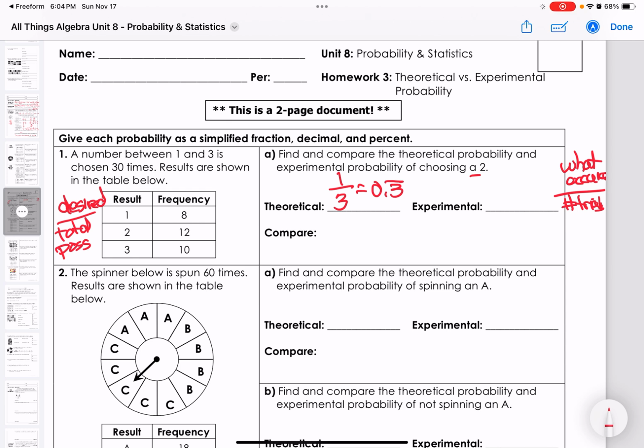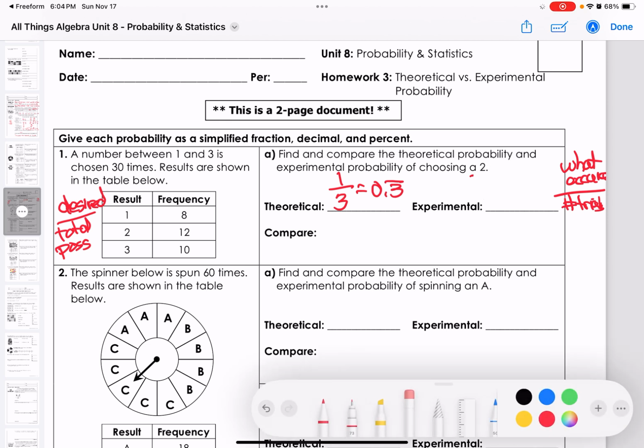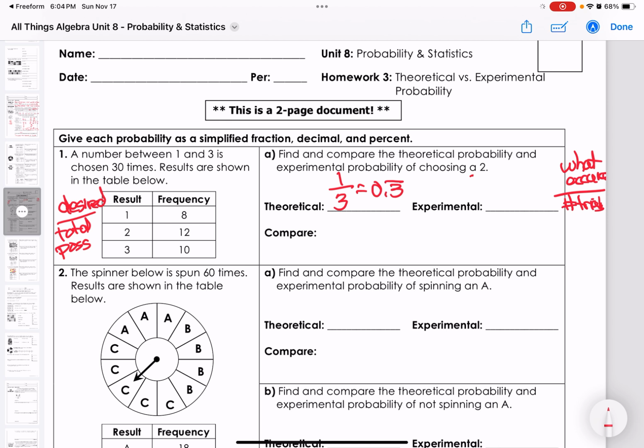And experimental. In this case, what is that, 3/10? Nope. So how many 2s did I have? I have 12 out of my total possible trials, which is 30. And when I put that in my calculator, 12 divided by 30 comes out to 0.4.